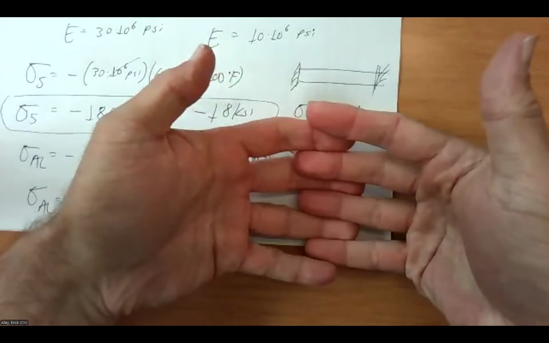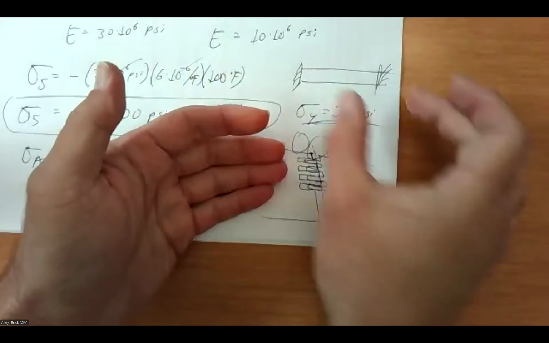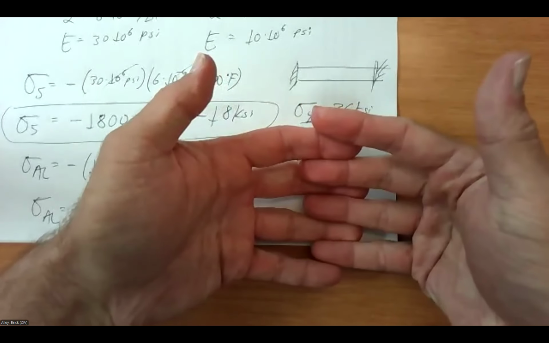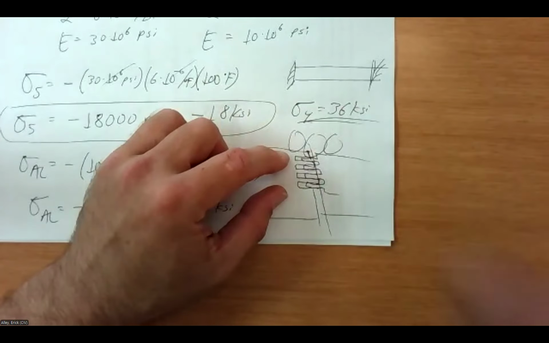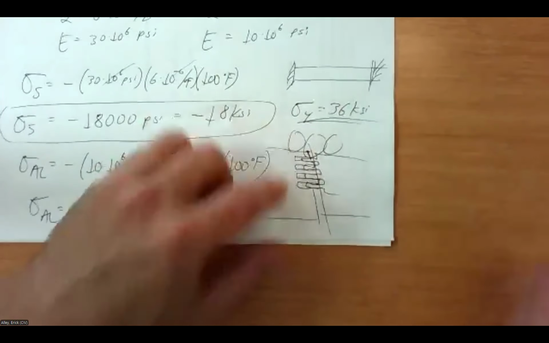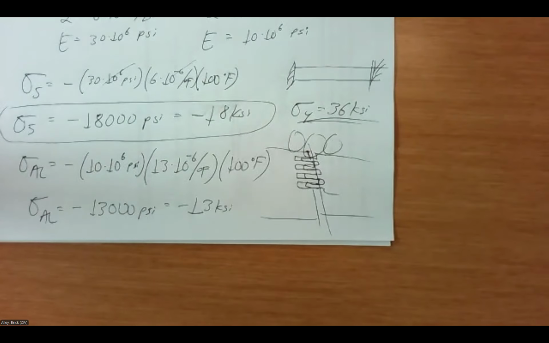The bridge contracts, each of these sections shrinks, and with these expansion joints, that means the teeth are going to get farther apart, this gap's going to get bigger, and we'll hear a louder thump, thump, thump as we drive over that same bridge in the wintertime, because each of those sections of the bridge is shrinking in the cold or expanding in the heat.